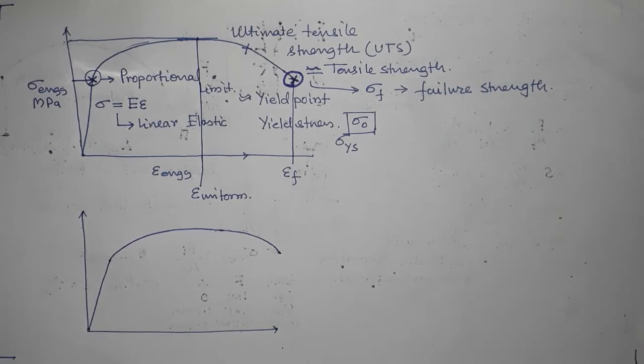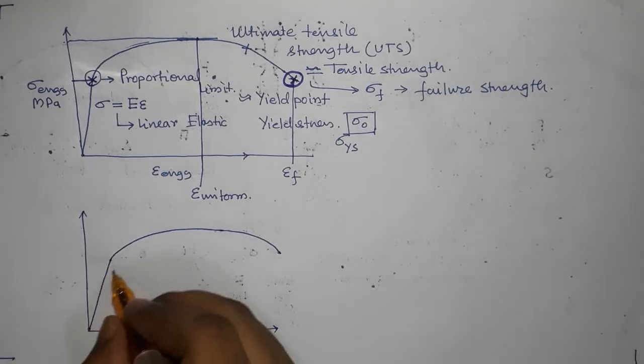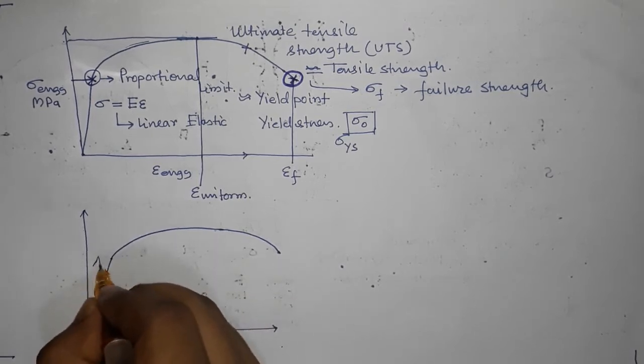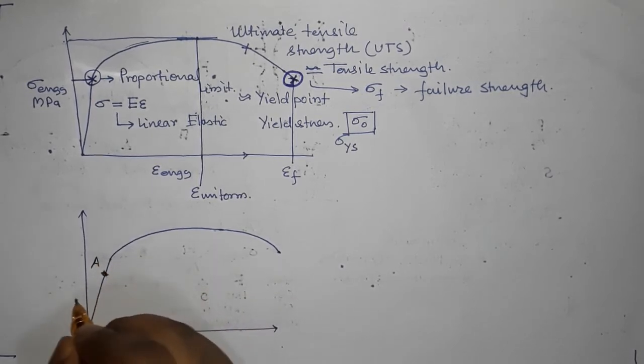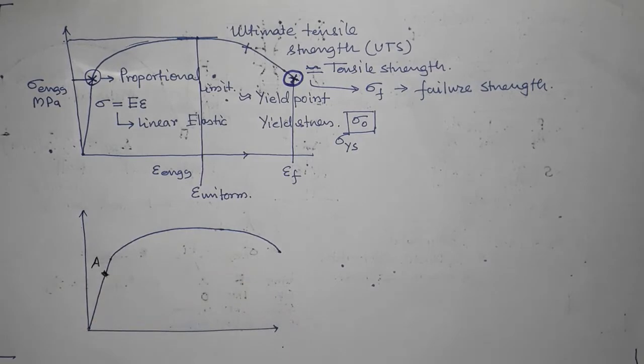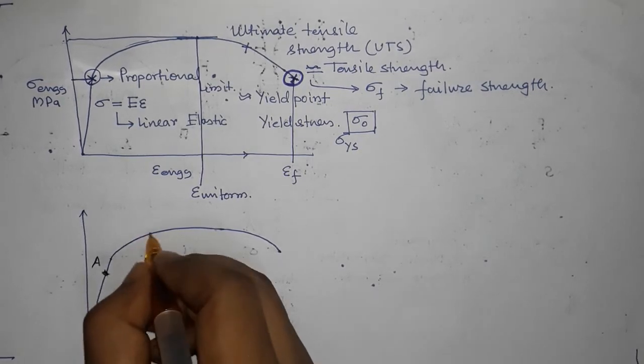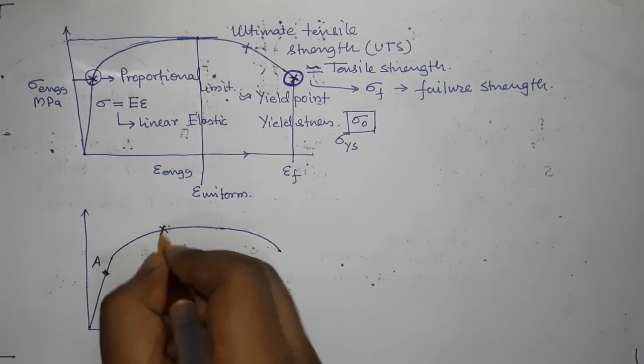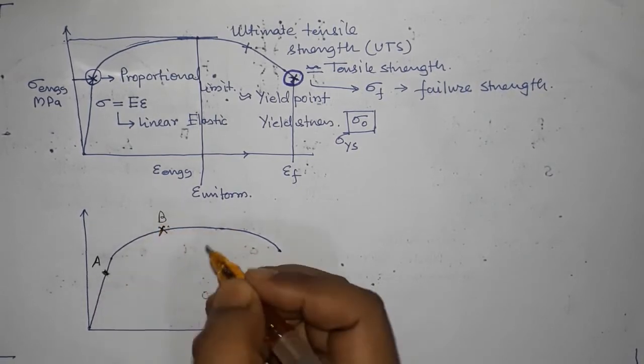So now this part is very important. If I unload it here, okay, if I unload at this point, so let's call this point A, okay, and then if I unload it at this point, let's call this B.